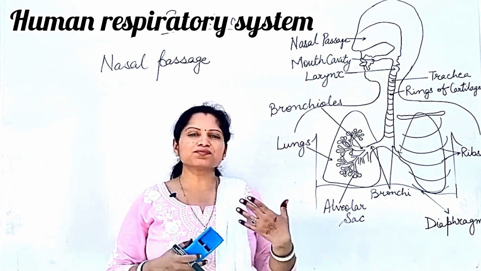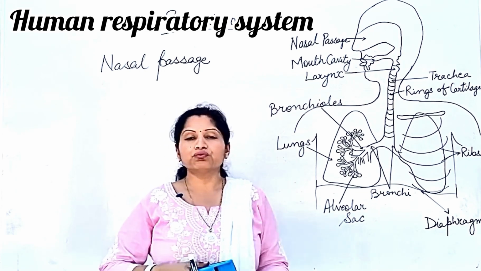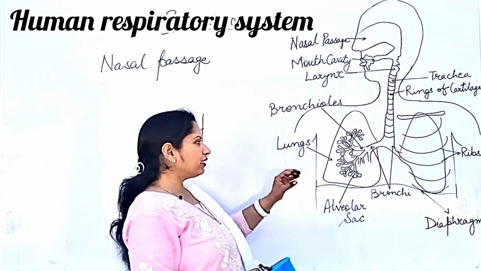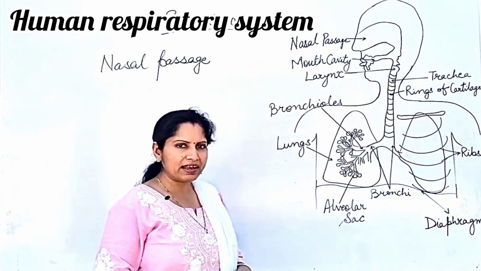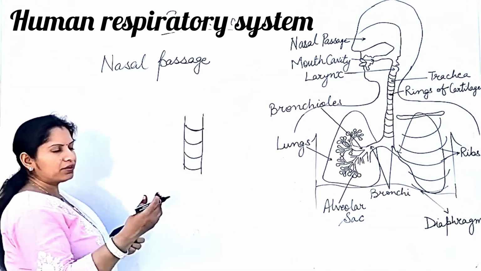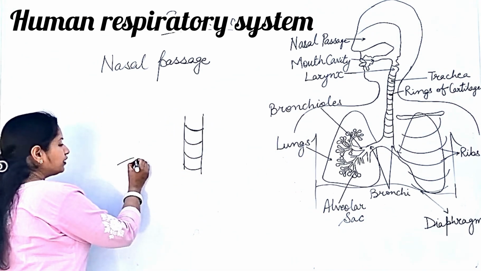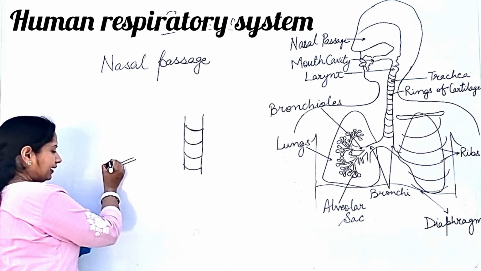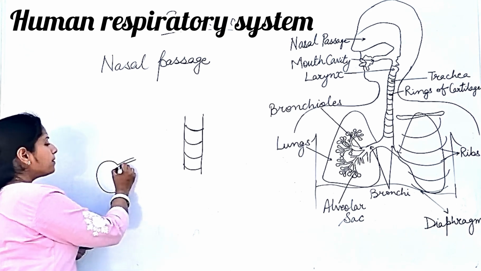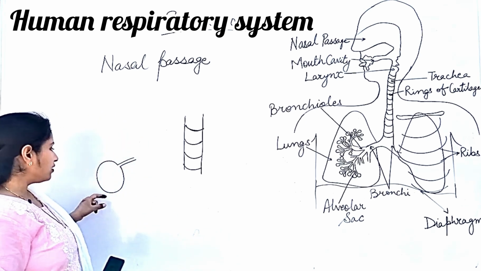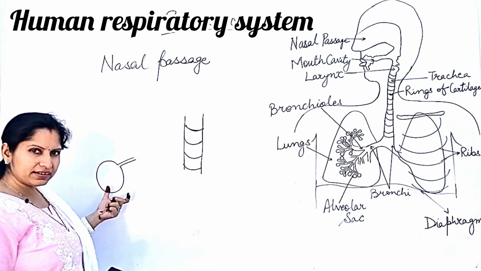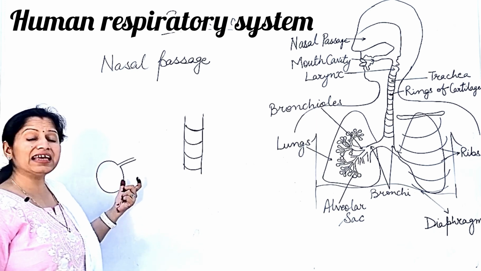These bronchioles further divide to form alveolar ducts, which ultimately enter into the alveoli. What are alveoli? The bronchioles end into alveolar ducts, and these alveolar ducts open into balloon-shaped cells, and those cells are known as alveoli.